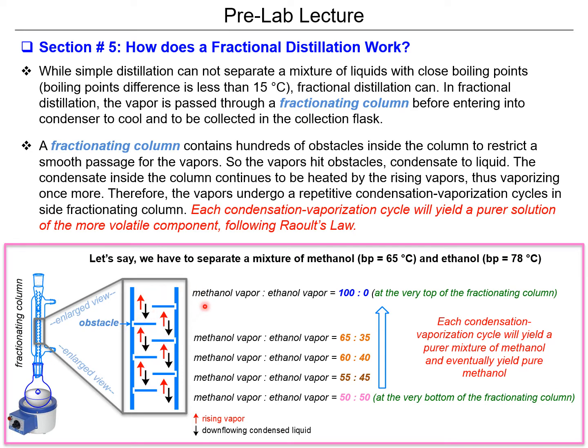The higher up you go, the more pure the vapor is of the droplets, because these droplets are getting cycled, right? They're condensing and then they're re-evaporating, or re-vaporizing, and it keeps happening and repeats until only the lower temperature mixture, the solvent, comes out of the fractioning column here, okay?